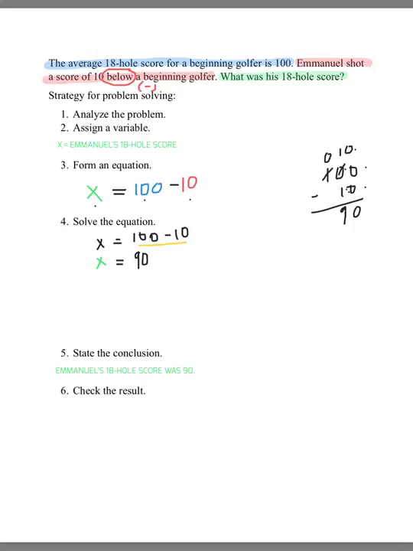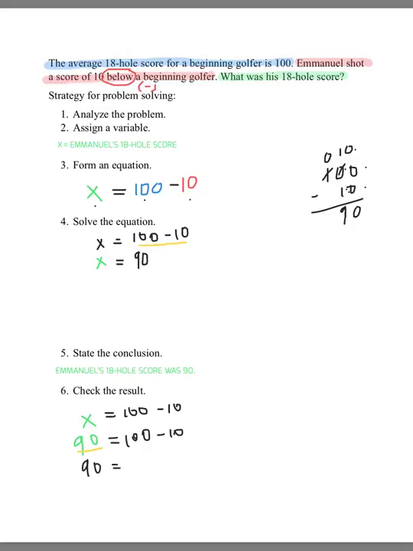So we're going to start off with the original equation, which is going to be x is equal to 100 minus 10. However, we know x is equal to 90, so we're going to go ahead and substitute that in. And now on the left-hand side, we can't simplify anything down, so let's go ahead and bring that 90 down.